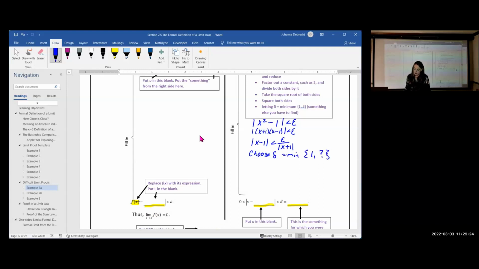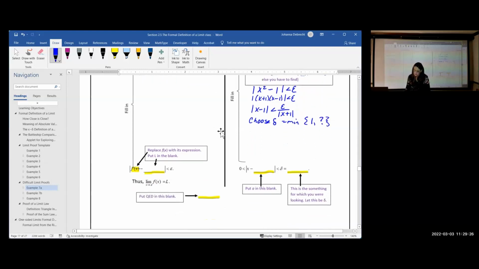If we have a 1, then we know that we can write that x, since it's approaching the value of 1, if it can't be further away than 1, then it's got to be between 0 and 2. If you're on the number line and you're at 1 and you want to go only one step to the left, that would take you to 0.